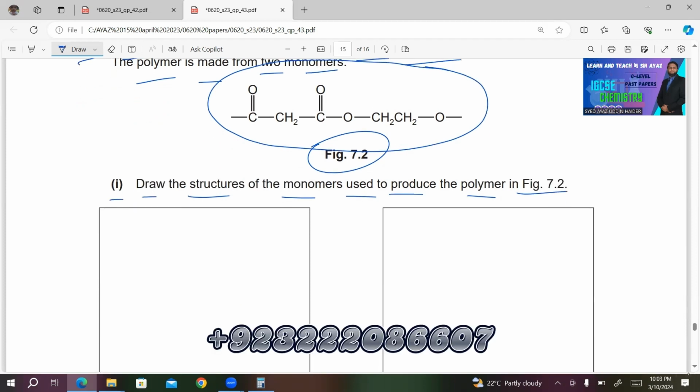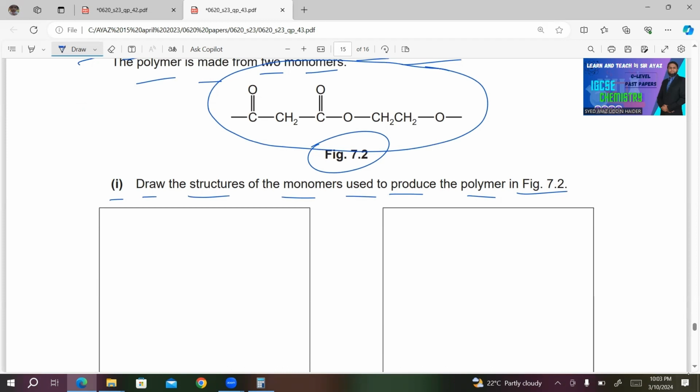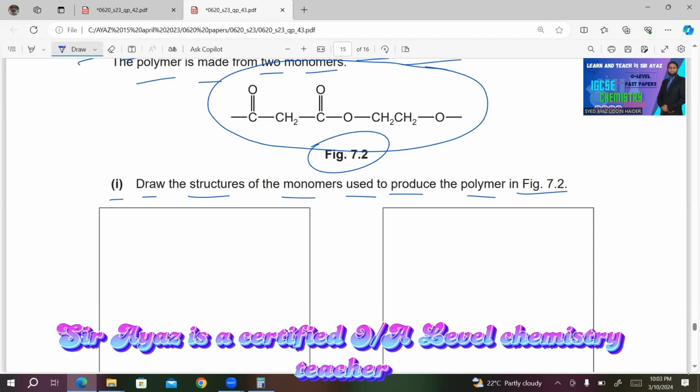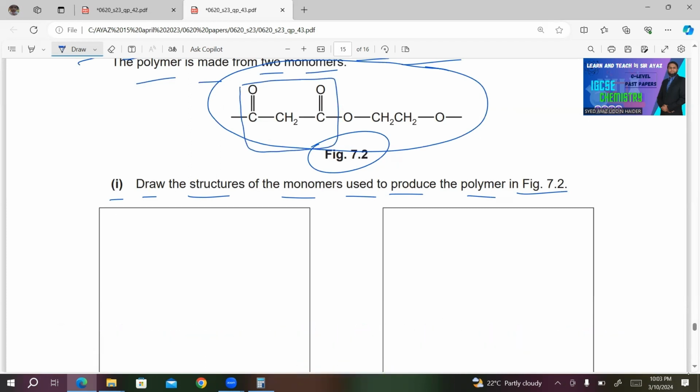So first of all, I have to pick the repeat unit for this one. If you look at the formula carefully, the repeat unit should be this one, and this one will be the second repeat unit.